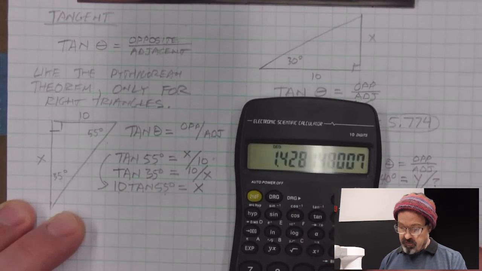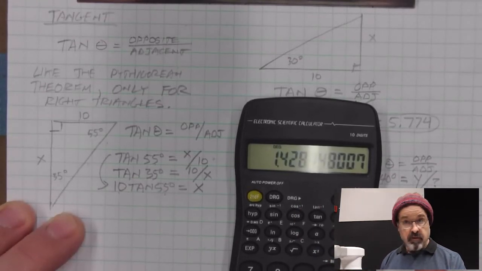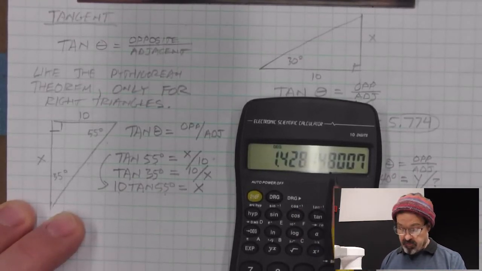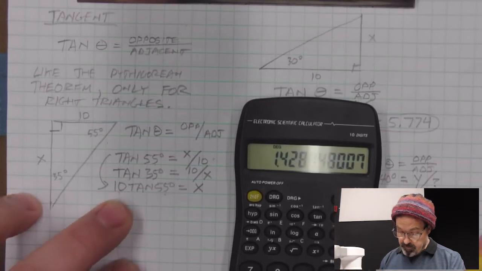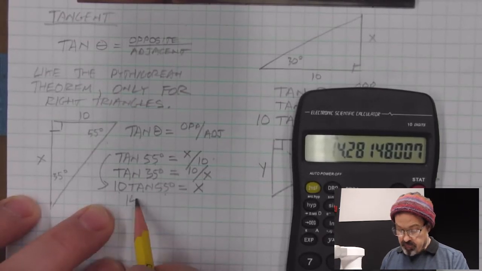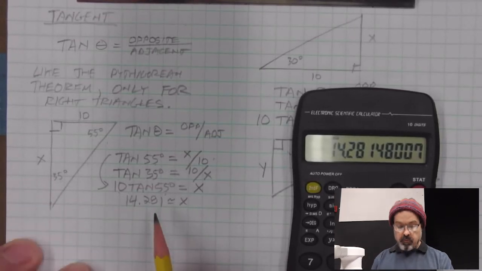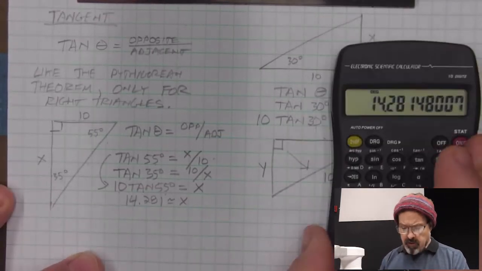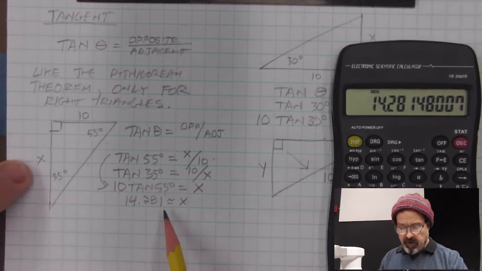I press the tangent key to take the tangent of it. I get this decimal approximation. I'm also going to multiply by 10. And I get x is approximately 14.281. Great. That worked.